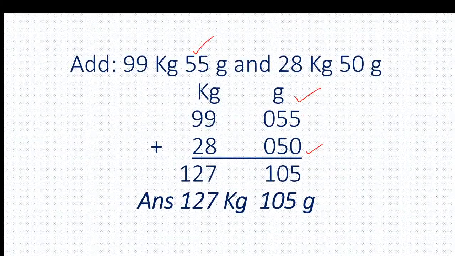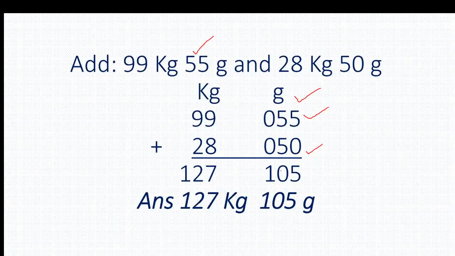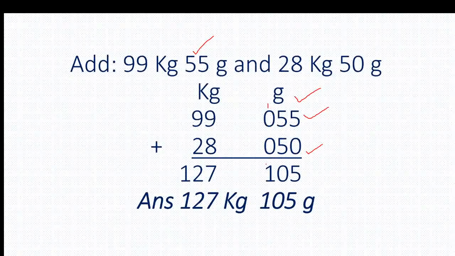What is our next step? We have to do addition. We first add gram to gram, and after that we add the kg column. Now look here, 5 plus 0 equals 5, 5 plus 5 equals 10, so 0 is written, and 100 gram means 1 will be added to the next column, so 1 plus 0 plus 0 equals 1.